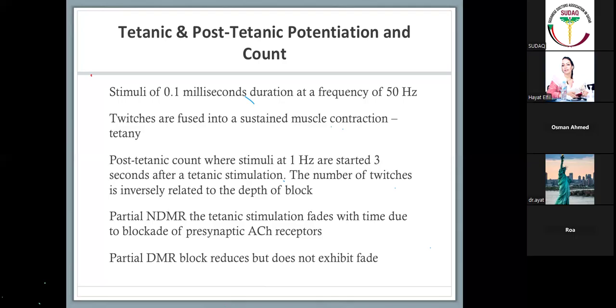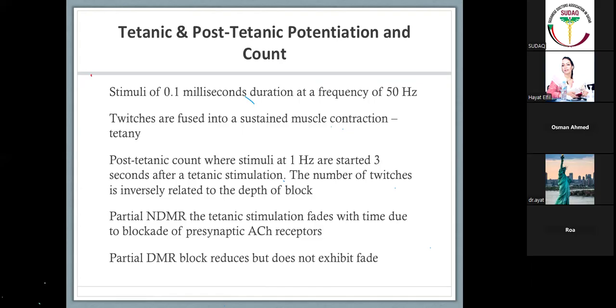The number of twitches then will be inversely related to the depth of the block. The deeper the block, the lower the post-tetanic count. With the partial non-depolarizing muscle relaxant, the tetanic stimulation fades with time due to the blockage. If you remember, we said that because of the pre-synaptic acetylcholine receptor, with the depolarizing muscle relaxant succinylcholine the block will reduce, but it does not exhibit the fade.